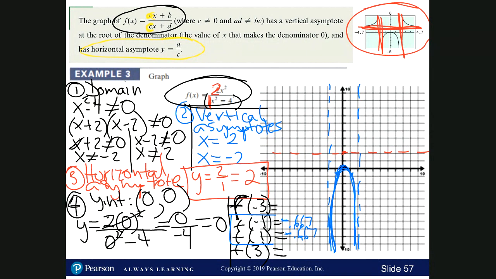Now for x equals -3, what did I get? I think it was like a 3.6. I'm trying to find those. It was around 3.6, so let's just do that.